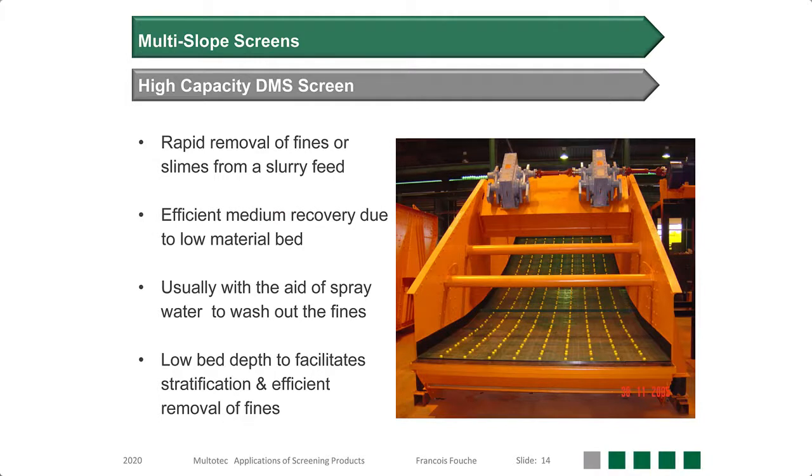Why is this possible? Because of the high travel velocity that these screens generate. And once again, why is this possible? Because of the steeply inclined top slopes. So really we can't talk about this topic this morning without paying tribute to the SIP Technique multi-slope screen.